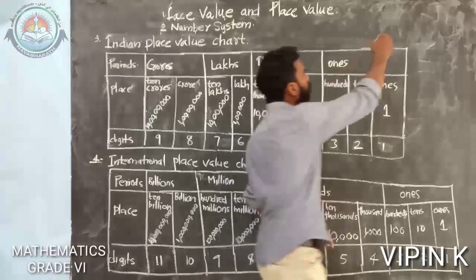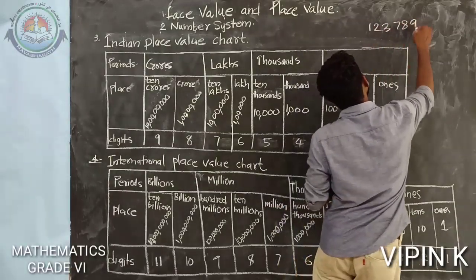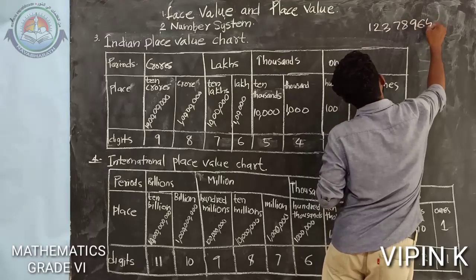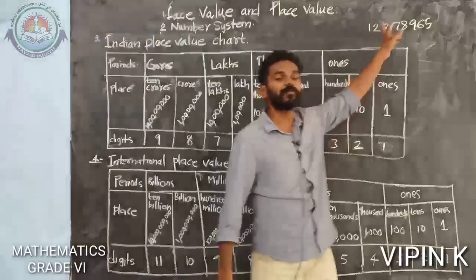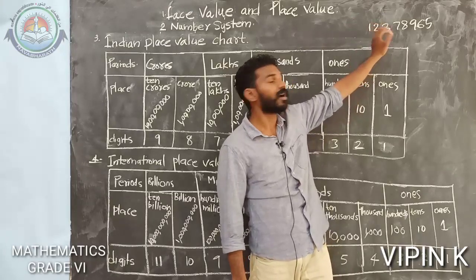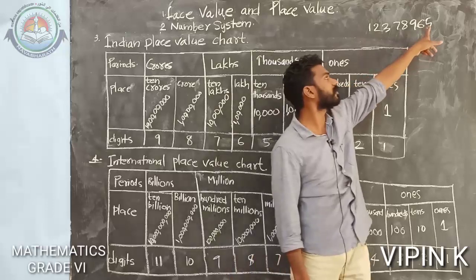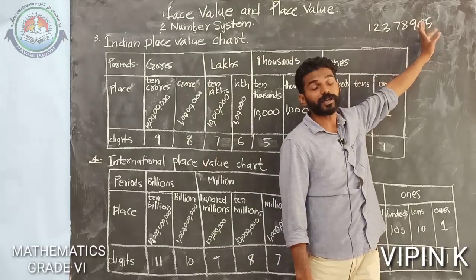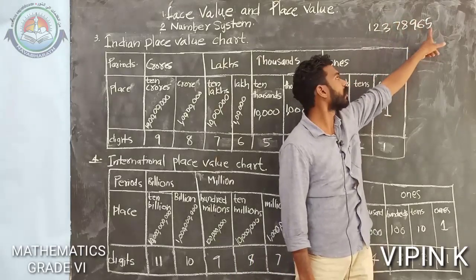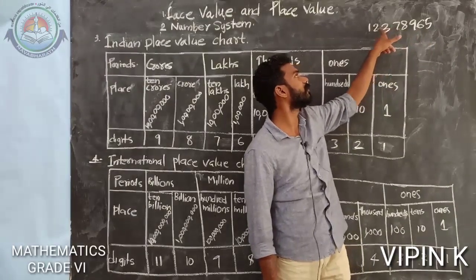Suppose there is a number. There is a number given for you, and you can see how many digits are there in this number. You can count from the leftmost to the rightmost end: 1, 2, 3, 4, 5, 6, 7, 8.